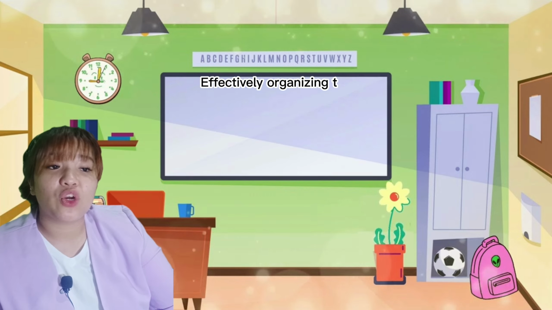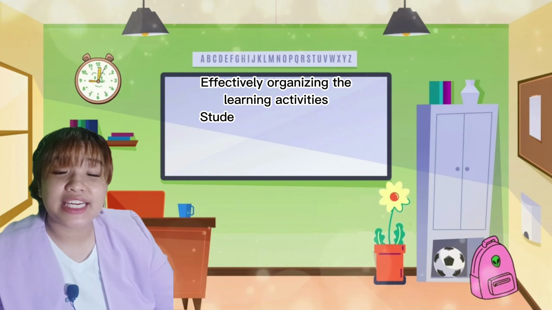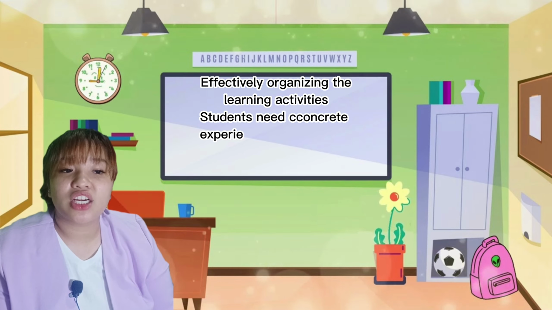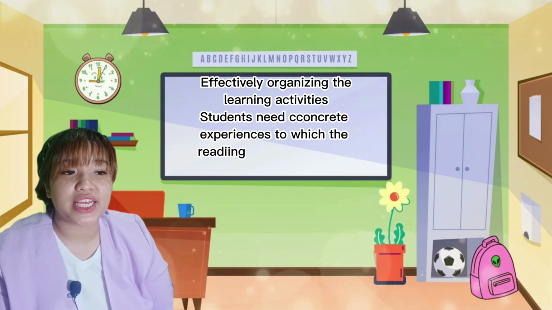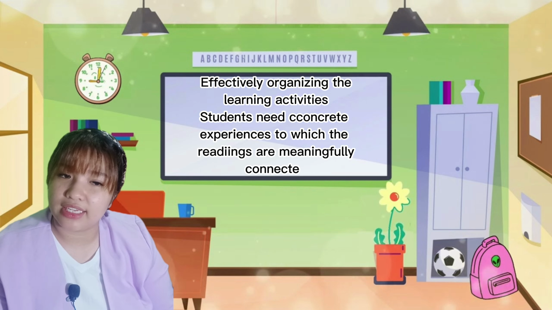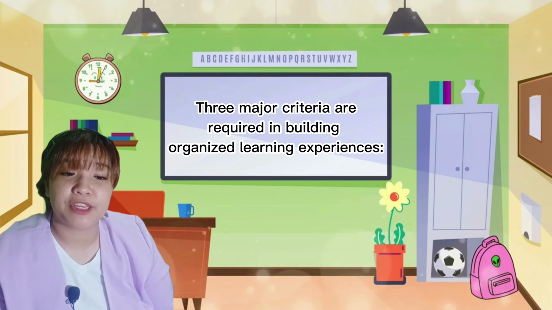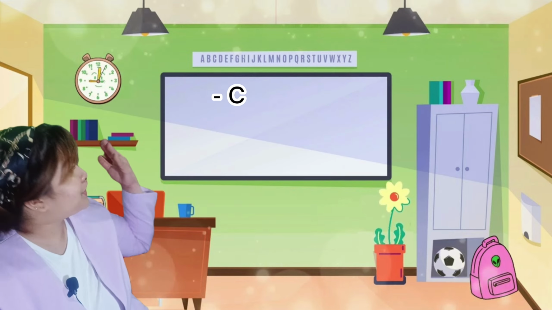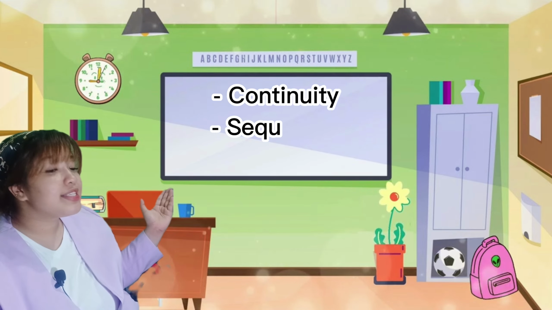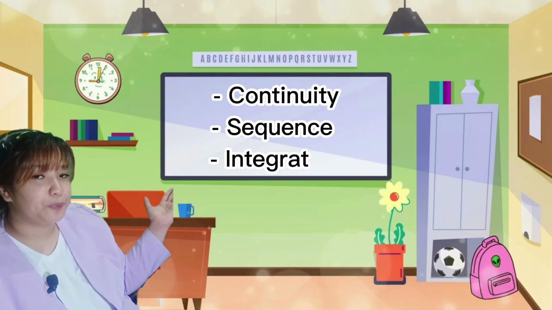Central to Tyler's model is effectively organizing the learning activities. Students need concrete experiences to which the readings are meaningfully connected. Three major criteria are required in building organized learning experiences, and these are continuity, sequence, and integration.